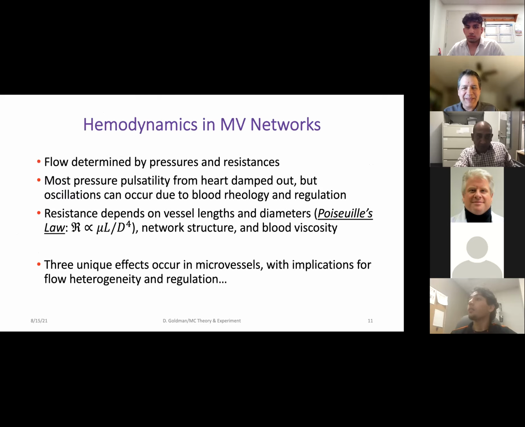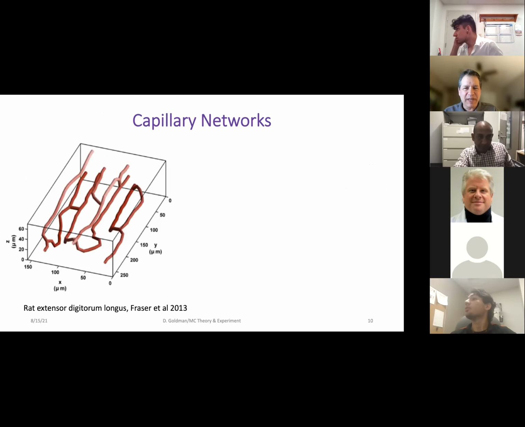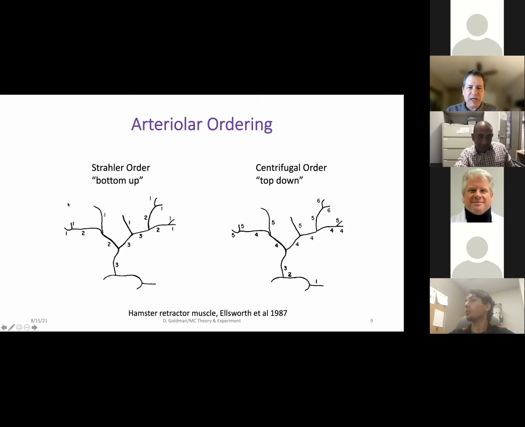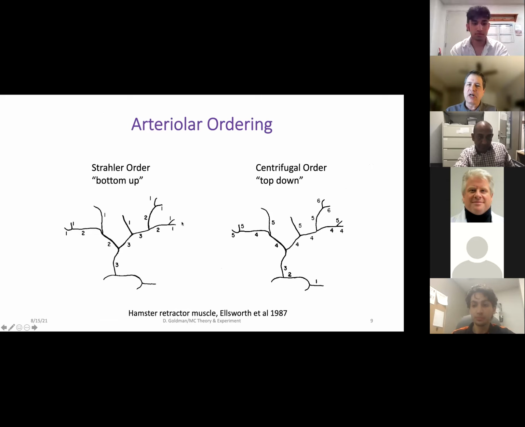The details of this she can definitely find somewhere. I'm not the expert on this, but the basic idea is that if you have a branching arteriolar tree here, from large to small, if you can find where it feeds capillaries, you can call those one. And then if those join up, they form higher orders. And so that's the Strahler.